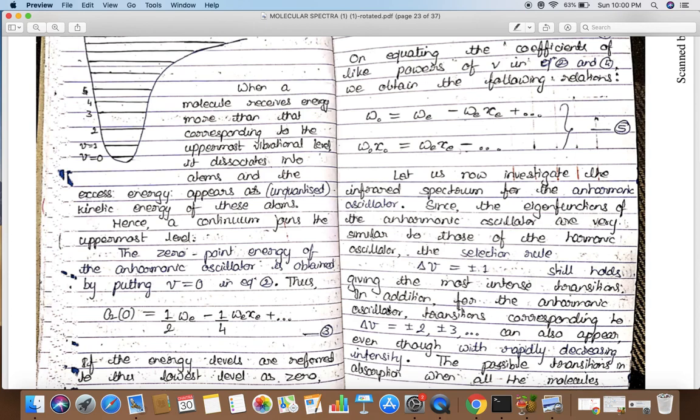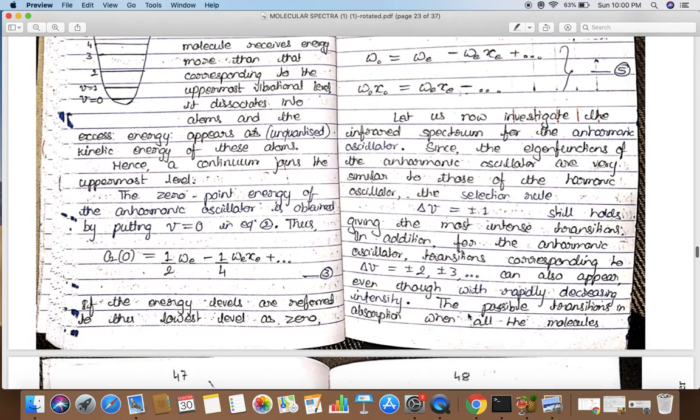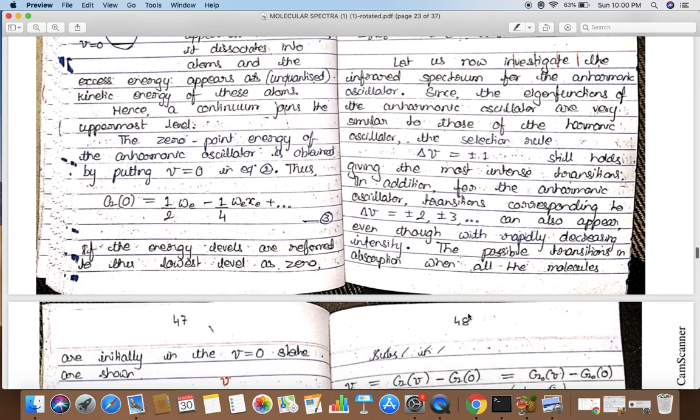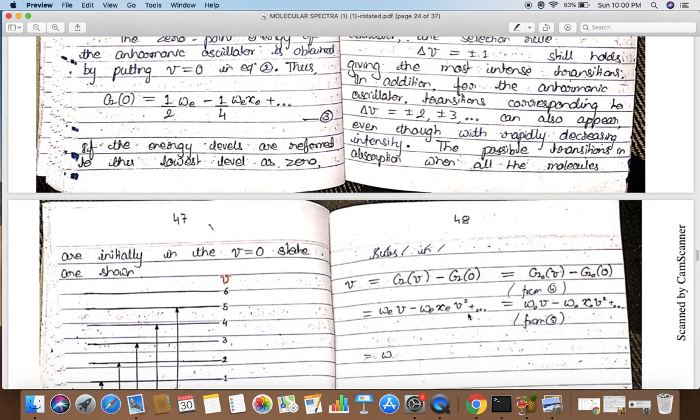In addition, for an anharmonic oscillator, transitions corresponding to delta nu plus minus 2, plus minus 3 can also appear, even though with rapidly decreasing intensity. Consider the possible absorption transitions when all the molecules are initially at nu equal to 0, that is the ground state.